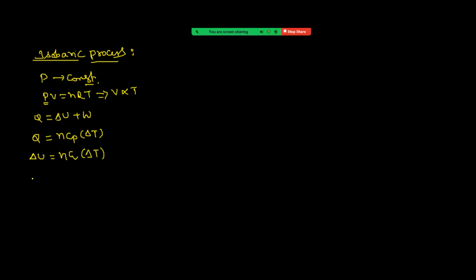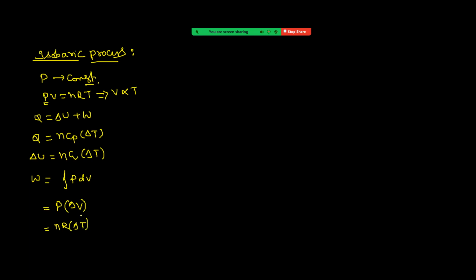And coming to work done, it is integral P dV. Since pressure is a constant, we can take P outside, integration of dV. That gives us change in volume. It is directly P into delta V. Or we can write this is equal to, from gas equation, P delta V is equal to nR delta T.